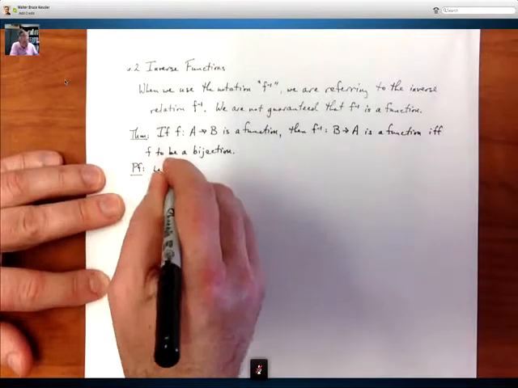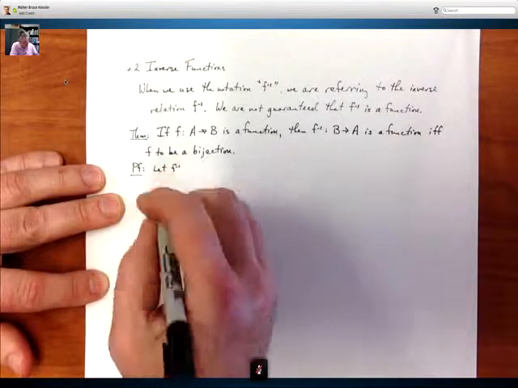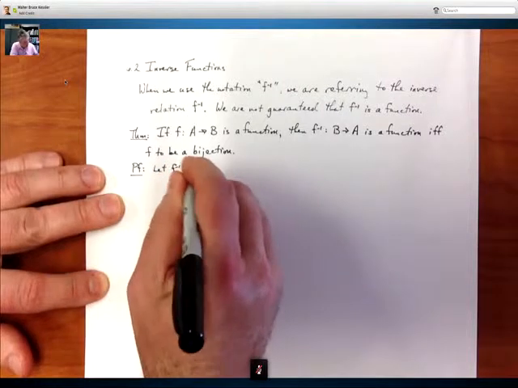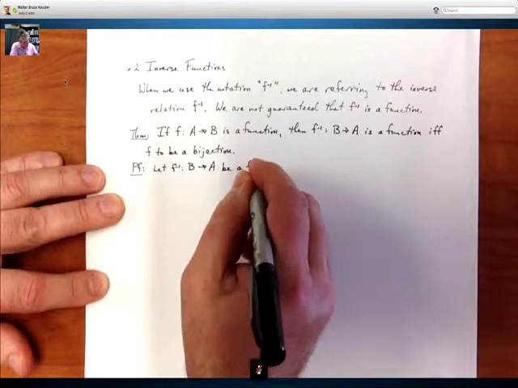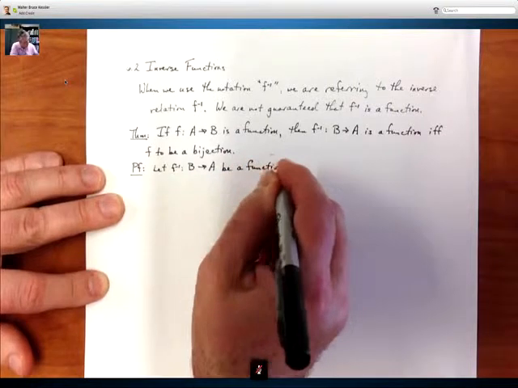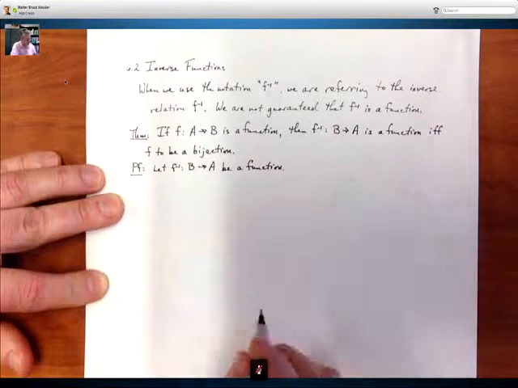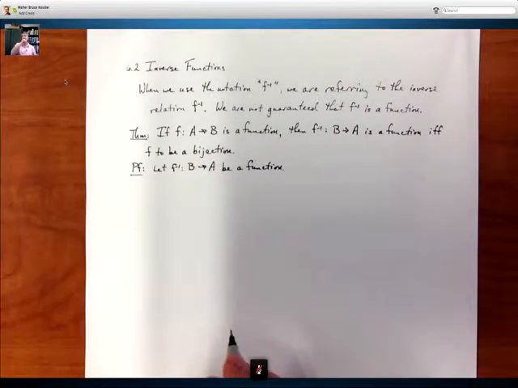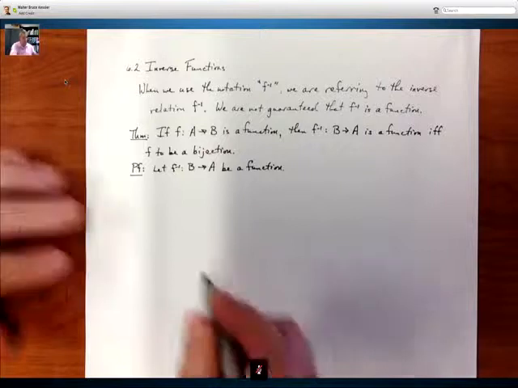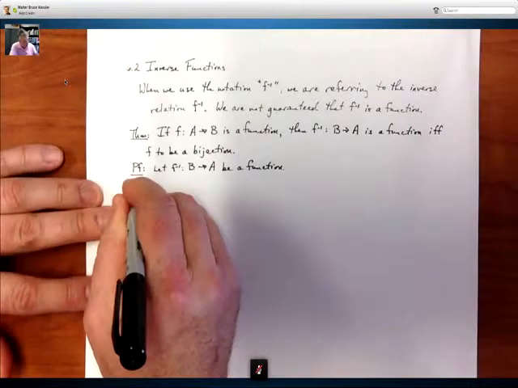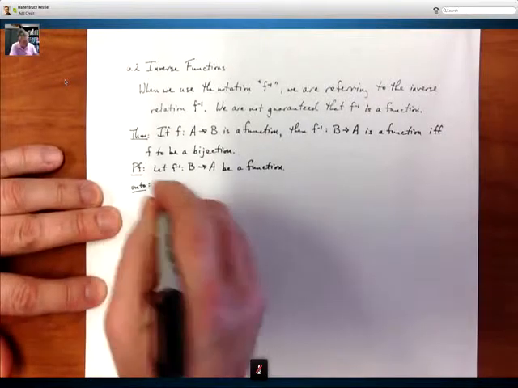So let f inverse, which goes from B to A, be a function. What we want to do then is show f is a bijection, so it's got to be one-to-one and onto. Let's tackle the onto part first.